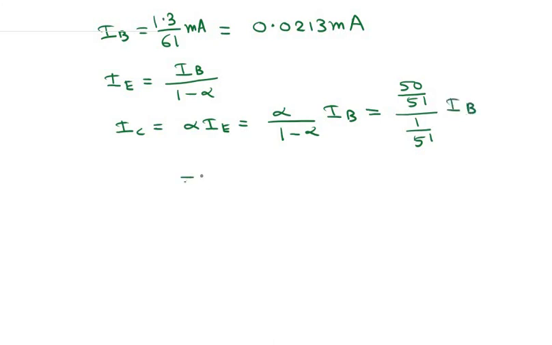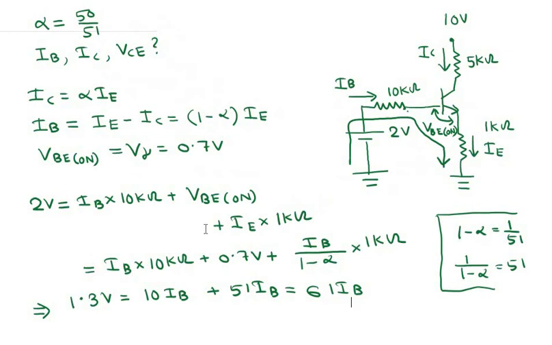So basically 50 IB, which is 50 into 0.0213 milliamperes. This gives 1.06 milliamperes. We are asked IC, IB, and also VCE.